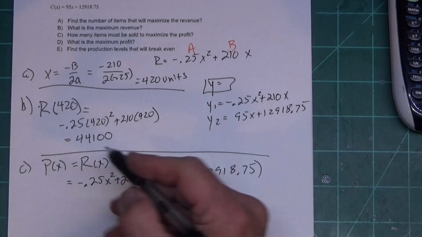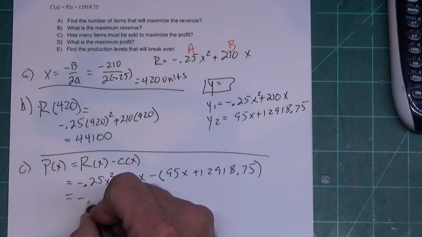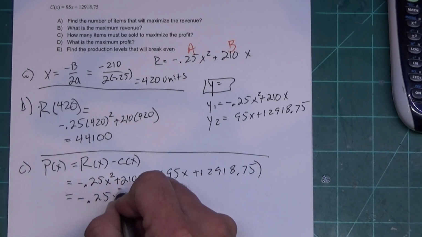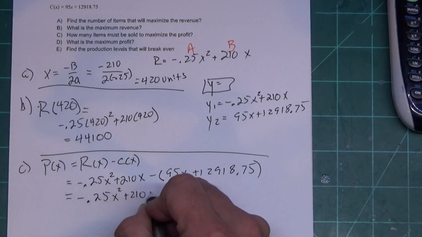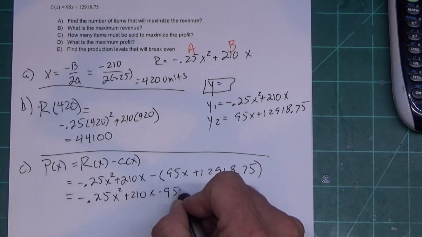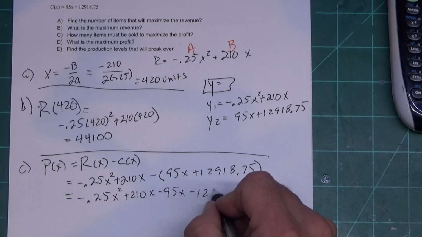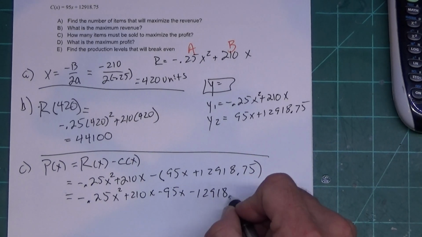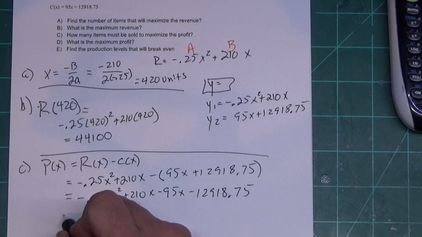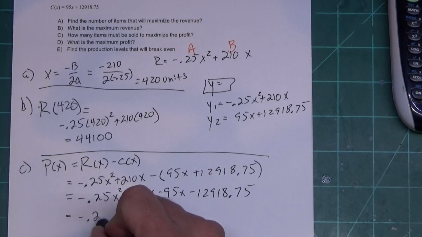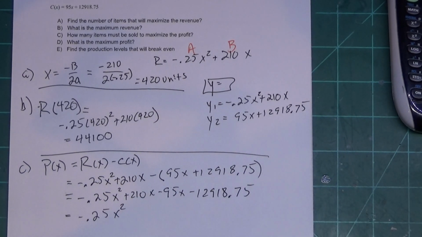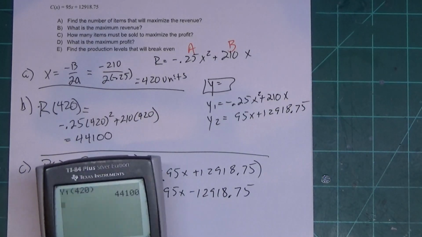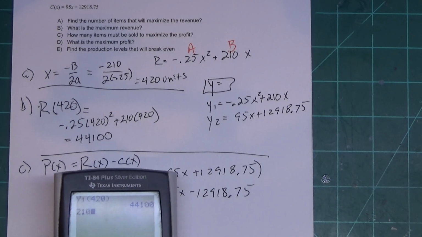Now you're going to have to distribute the negative through there. You don't have a choice on this. So it is negative 0.25x squared plus 210x minus 95x minus 12918.75. And simplifying, it's negative 0.25x squared. Now 210 minus 95, well, I do know that.